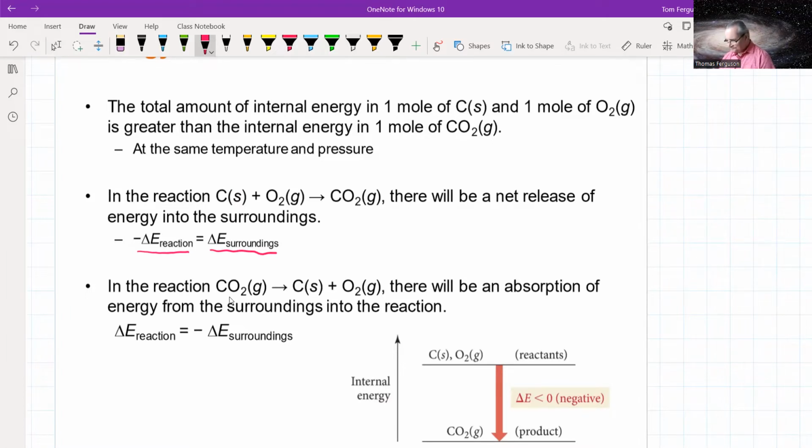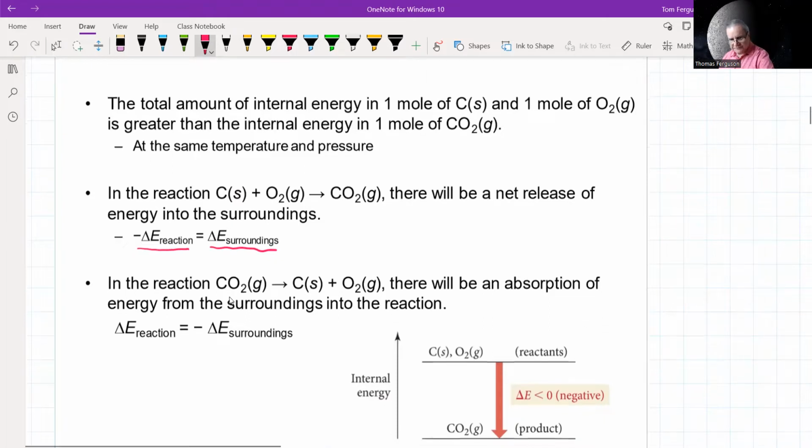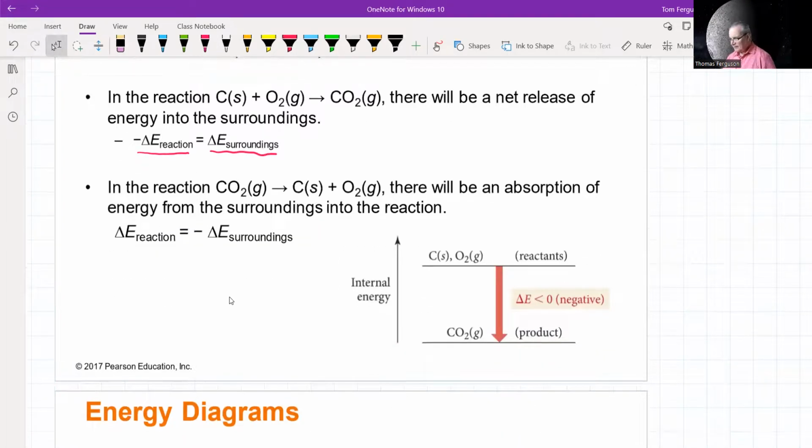So if that reaction creates heat, it's got to give heat to the environment so that it's on equal footing. If the reaction requires energy, then it pulls it from the surroundings. Hence, it'll get cooler to the touch, for example.